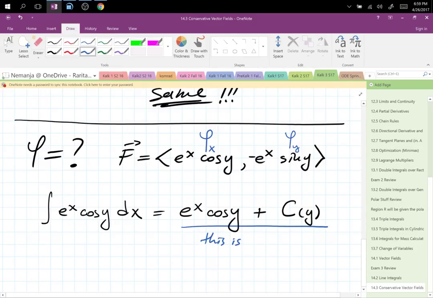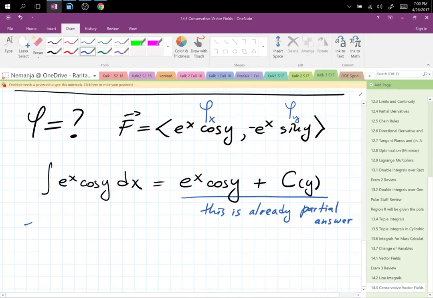This is already a partial answer or solution, okay? So now what I have is that phi of xy is equal to e to the x cosine y plus c of y. So this is what I have so far.